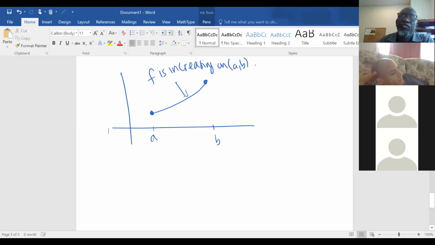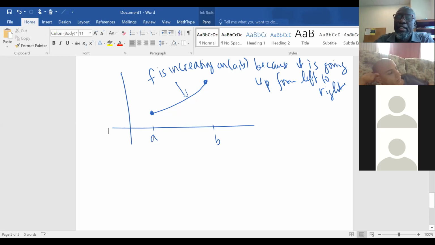Why? Because it is going up from left to right. Okay? And the graph of an increasing function goes up from left to right. Everybody?